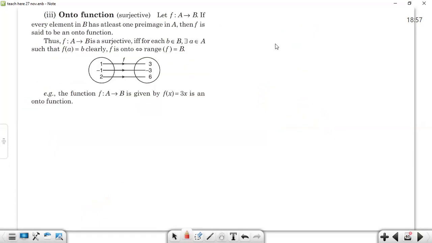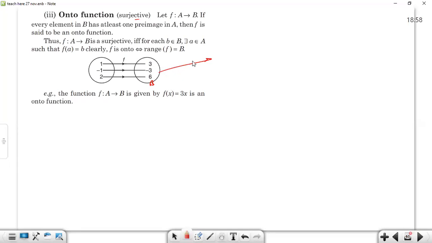Onto function, or surjective. If there's a function from A to B, and every element in B has at least one pre-image in A, then f is said to be an onto function. Simply, every element in set B is getting mapped.